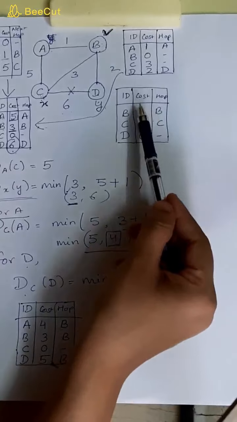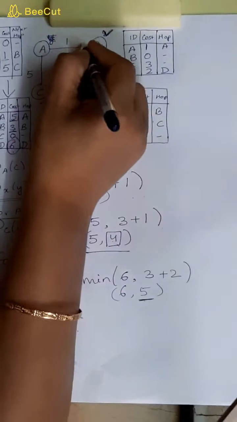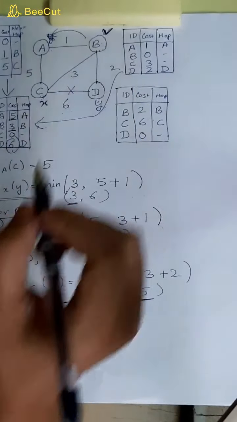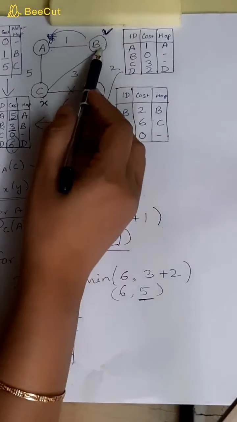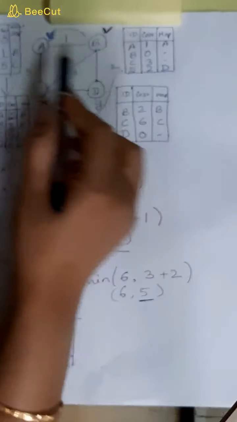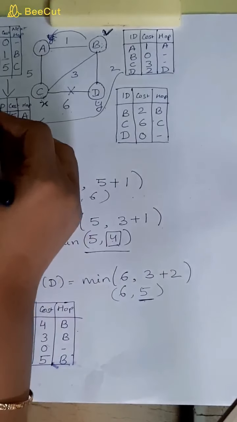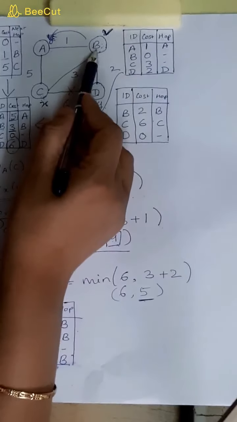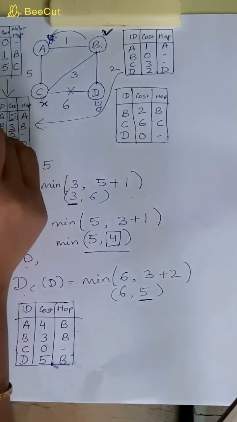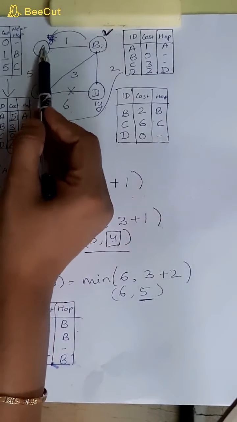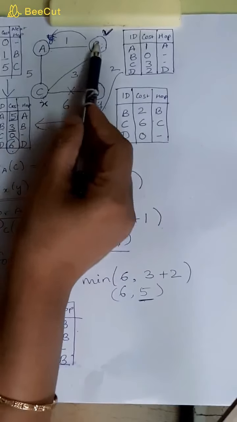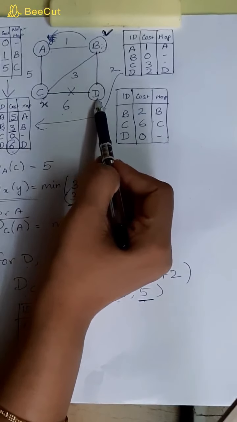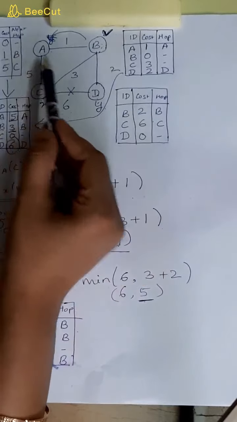Now see, when B will share its information with A, now A is not having any entry for D, but when B will share its own table with A, it will create an entry for D also via B. So A will create an entry for D and the distance will be A to B will be 1, B to D will be 2. That means 1 plus 2, it will be 3. So cost will be 3 for A to reach D.